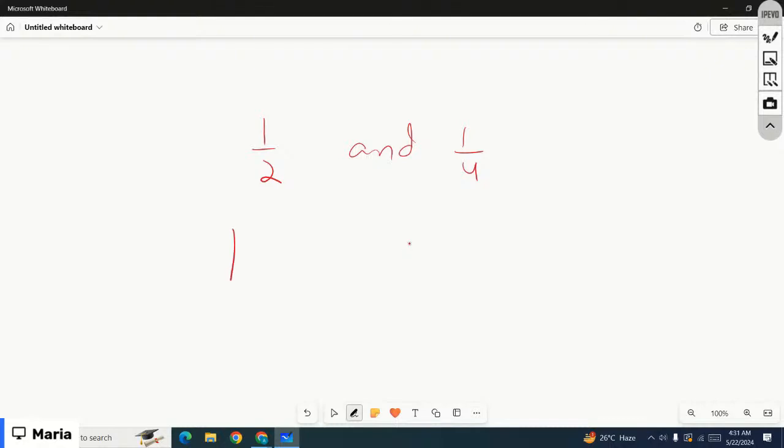Okay, let's suppose this is 1 over 2, right? And then the same shape you have for 1 over 4, they are exactly the same shapes. So the one that has the more portion colored is more. So which is more? Yes, 1 by 2 is more than 1 over 4. The correct option is 1 over 2.